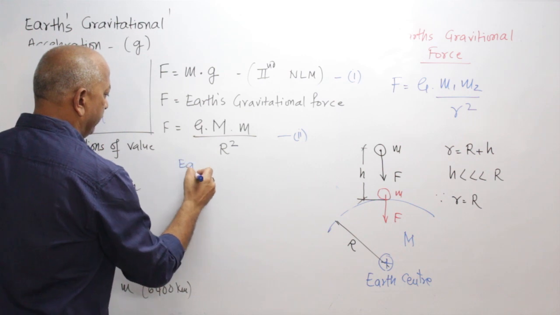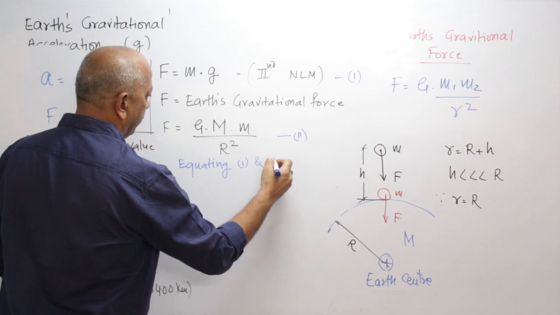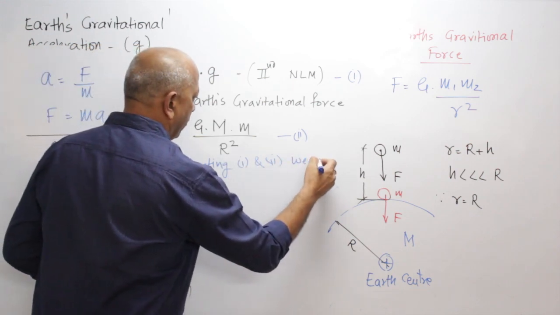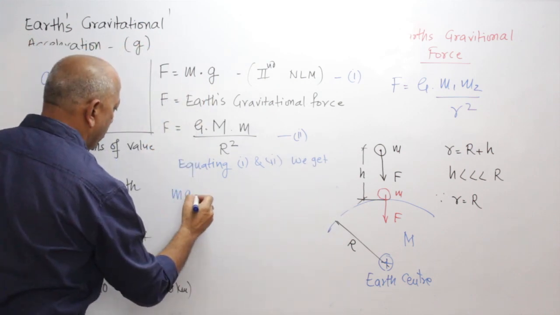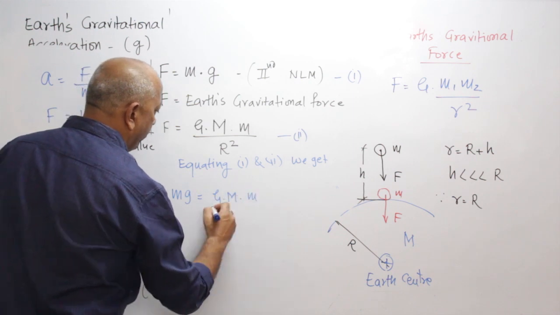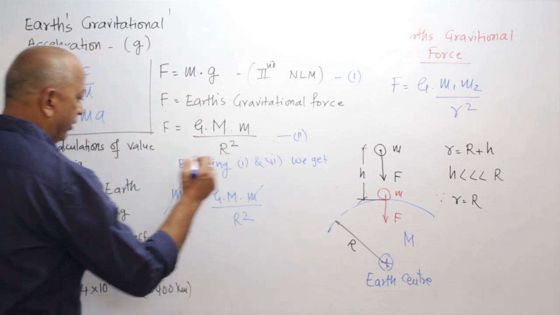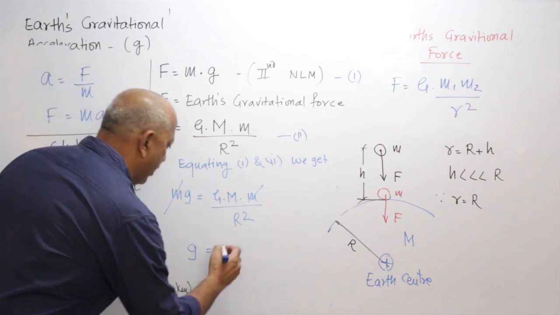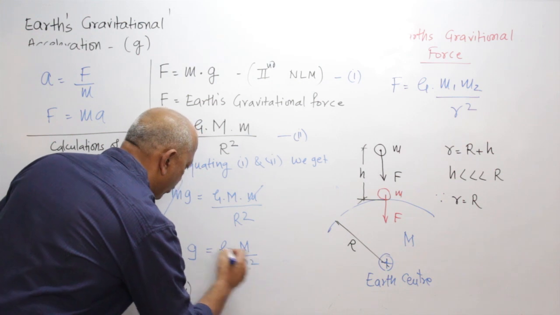So equating 1 and 2, we get m into g is equal to G into capital M into small m upon R square. So m cancels. So we got the value of g, that is the gravitational acceleration, g is equal to G into mass of Earth upon R square.